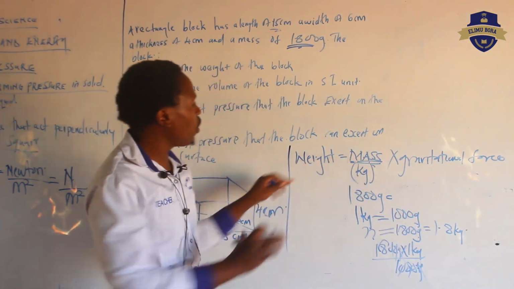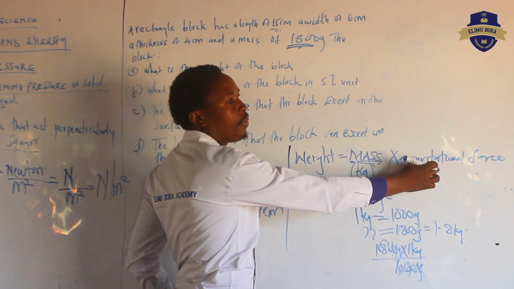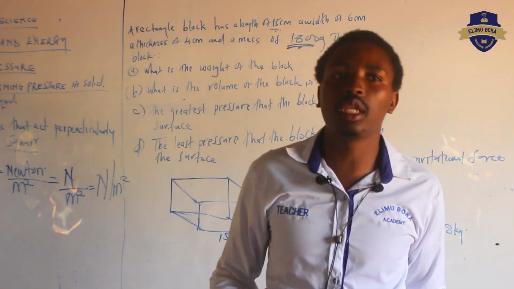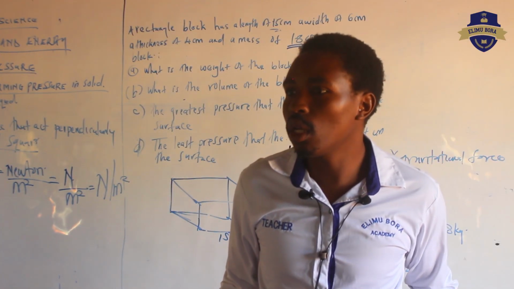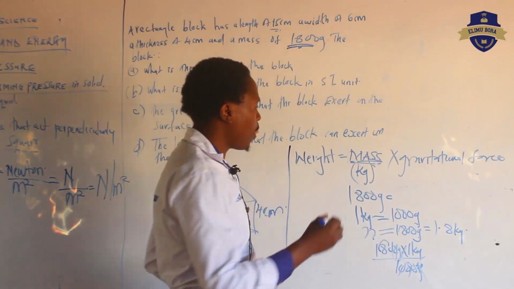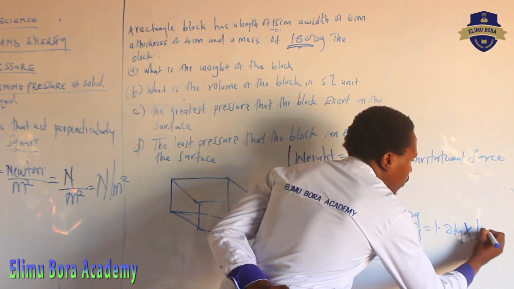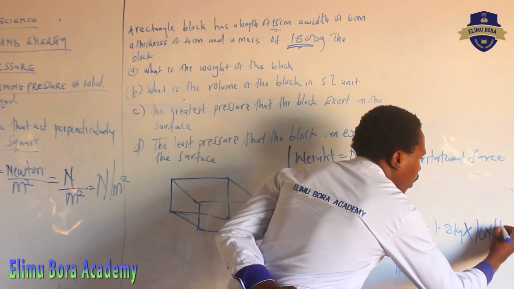So what do you do now? Our formula said when you're getting the weight, you take the mass, you multiply by gravitational pull. Class, what is the gravitational pull comprised of, how many units? One gravitational pull is equal to 10 Newton per kilogram. Yes, so we multiply by 10 Newton per kilogram.